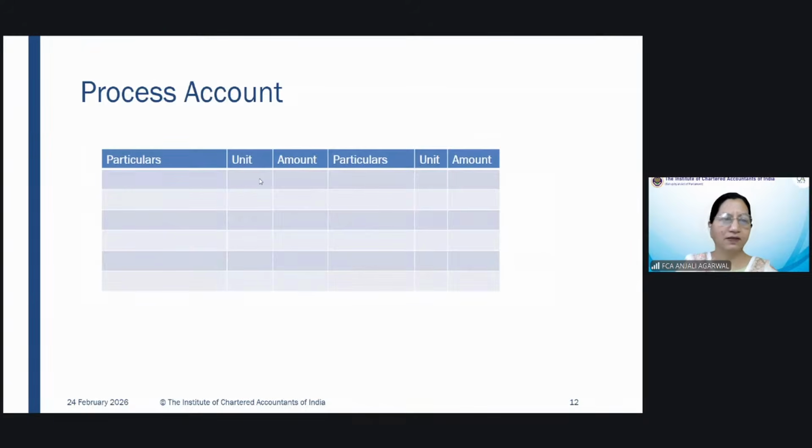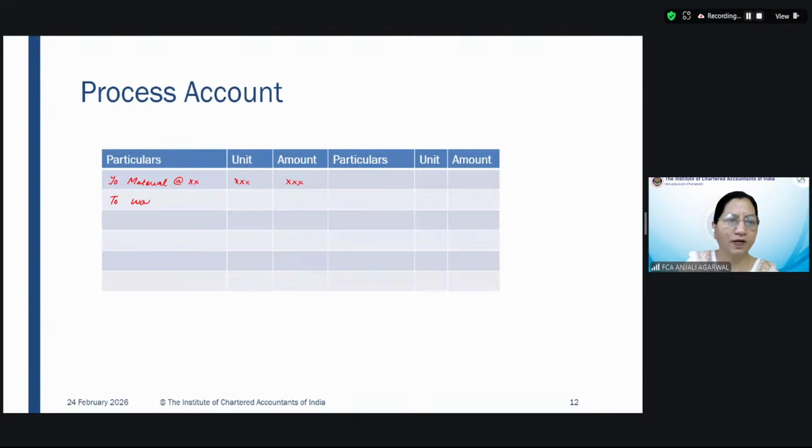So what happens? I'll again say what is the input. Generally, you will have the material which you have put in the process, how many units and what is the amount, given at the rate of this per unit. Then you will have wages or labor cost. Then you may have some direct expenses.